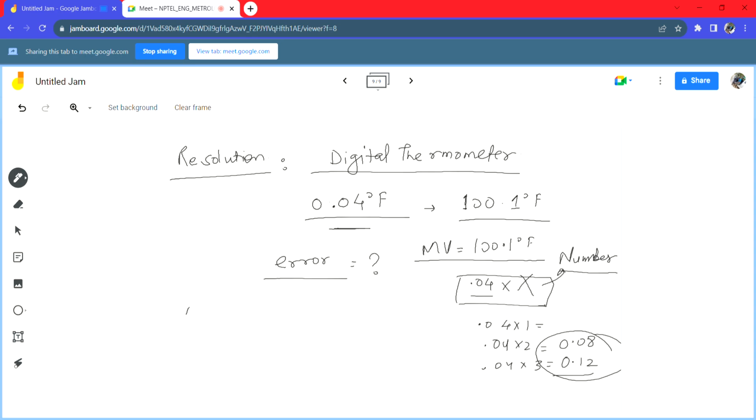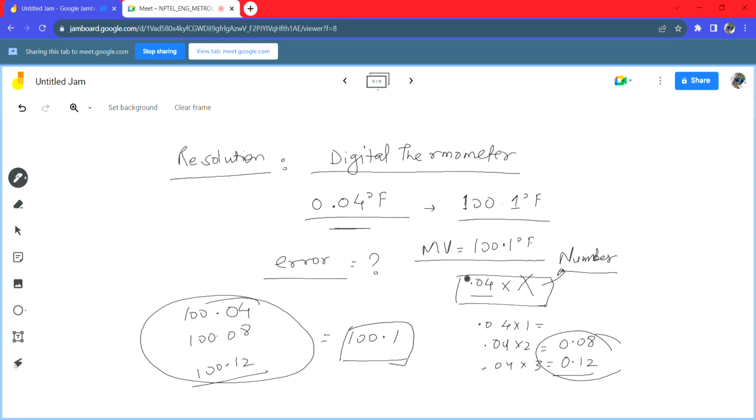Now, if we have read accurately till 100, our next value can be 100.04, it can be 100.08, it can be 100.12. Fine. Now, if my device has only one decimal place and it is giving 100.1, there is a high possibility that we could have either this value or this value. So 0.08 it had approximated to be 100.1, or 0.12 it had approximated to be 100.1.